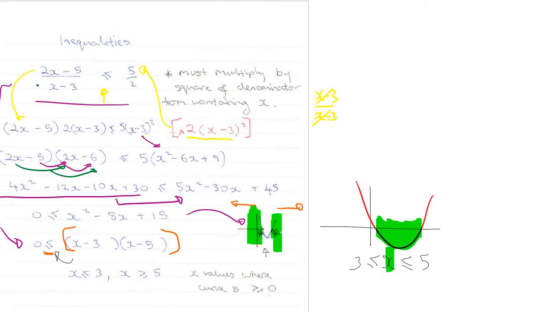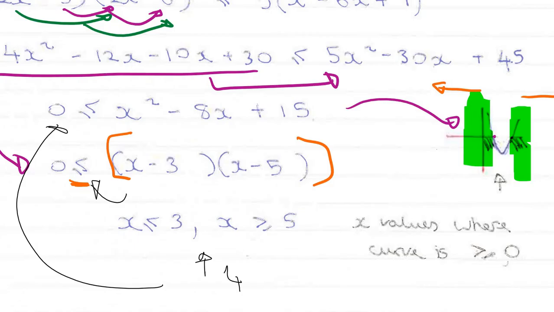Another way to make sure we've got the right solution set is to pick a number between our critical values, let's say 4, and plug 4 into this inequality. We get 16, because that's 4 squared, minus 32 plus 15, which is equal to -1. As -1 is not greater than 0, this inequality is false. So the solution set doesn't lie between the critical values.